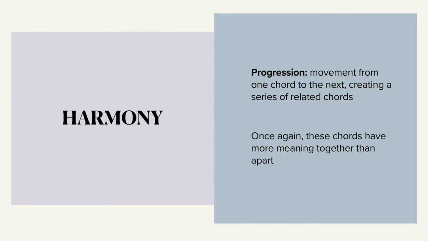And again, these chords have more meaning together than apart. I love how I can use that sentiment to refer to melody. The individual notes mean more when they're together. And harmony: the individual notes mean more when they're together as a chord. And even with progression, the individual chords will have more meaning when you put them together and make a progression.